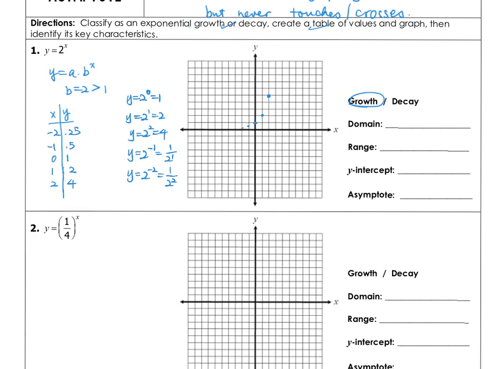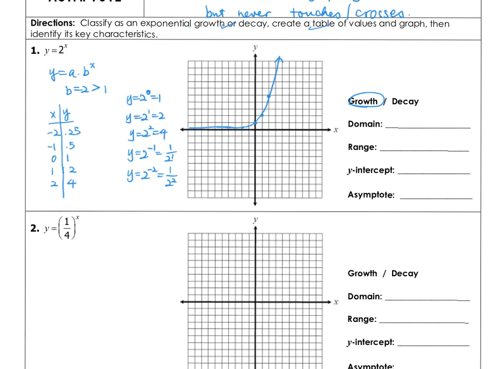So be very careful. The shape looks something like this, and it keeps going like this. It will never cross the x-axis. Why is that?